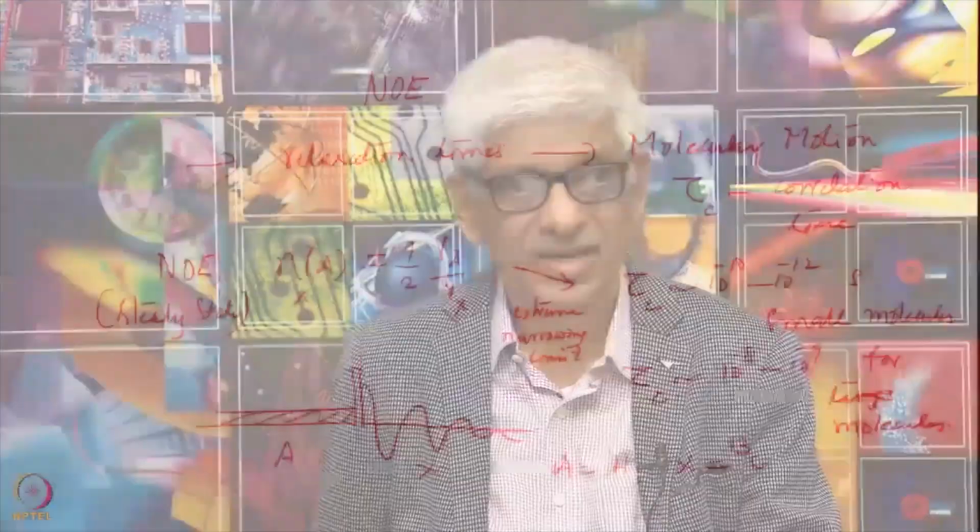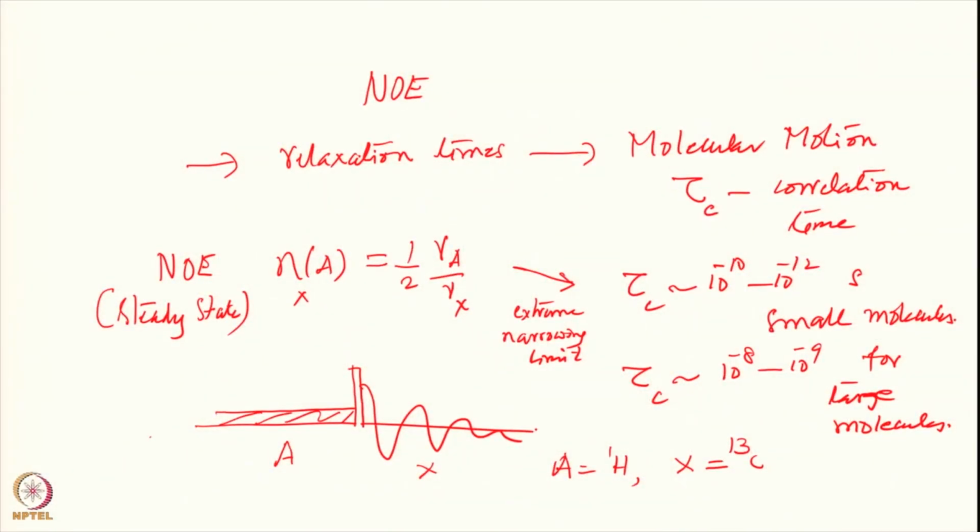Okay. So this is what I showed here in the previous slide when I said half gamma A by gamma x. You see here, if you are talking about proton nitrogen NOE, let me also draw that here. If let us say A is equal to proton, then x is equal to nitrogen 15, and nitrogen 15 has a negative gamma.